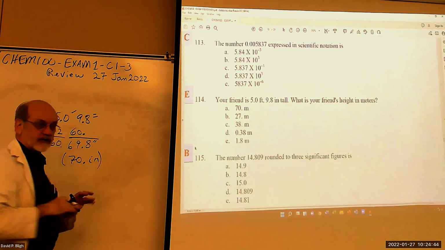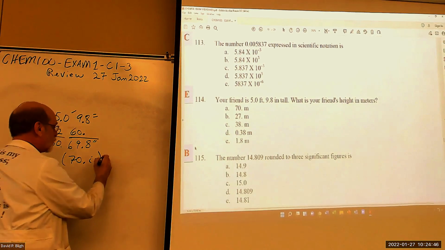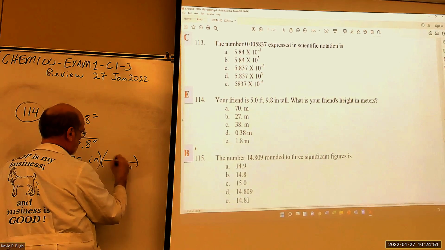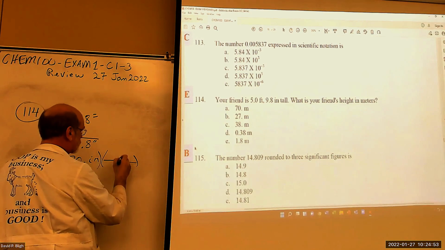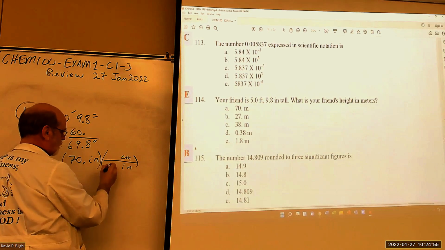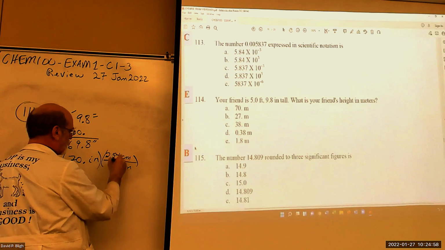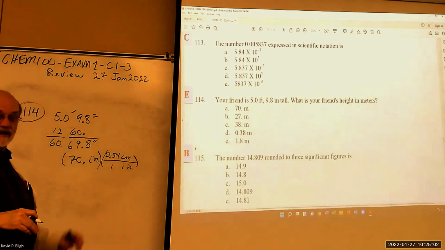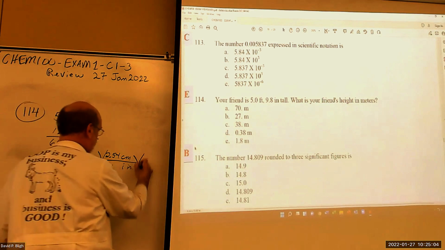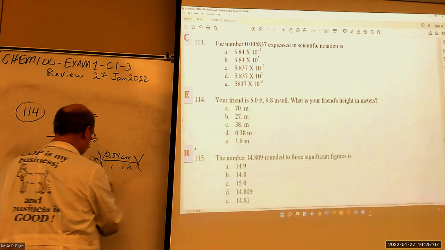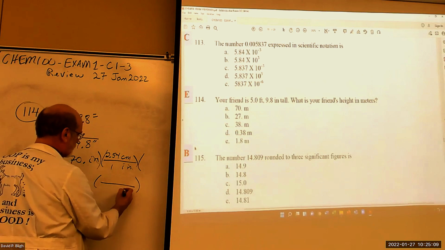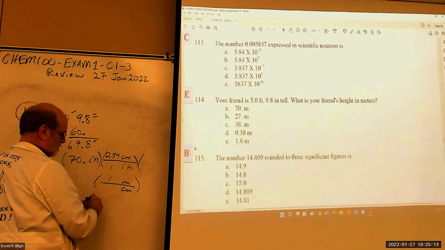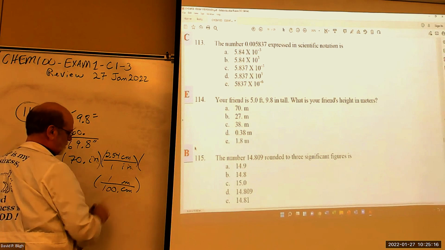Now we can convert to the metric system. I know the relationship, inches to centimeters. 1 inch is 2.54 centimeters. Now that I've got it in centimeters, I can convert to meters. Let's do it down here. Centimeters on the bottom, meters on the top. So how many centimeters in a meter? 100.